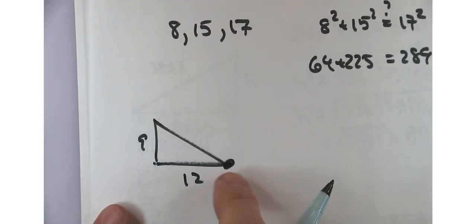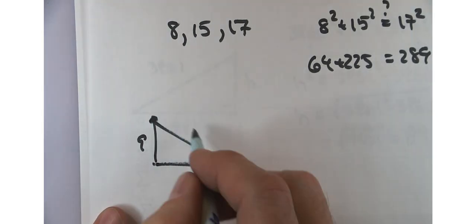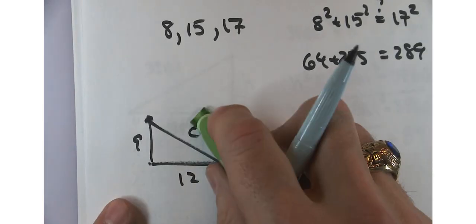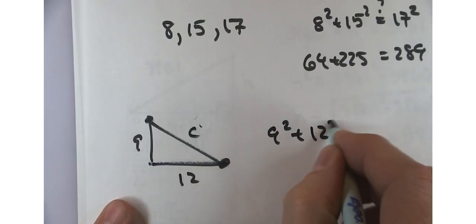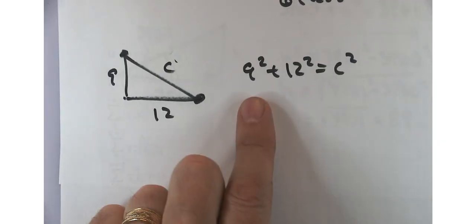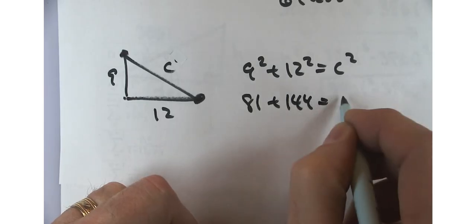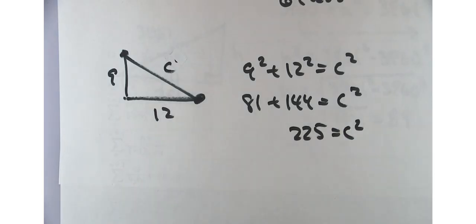If I was standing at the corner of my board, looking at the back of Cora's chair, how far would that distance be? Well, I should put c, not c squared. And that would be 9 squared plus 12 squared equals c squared. Who can help me out here? What's 9 squared? 81 plus 144 is 225. What do you get when you take the square root of 225? 15.